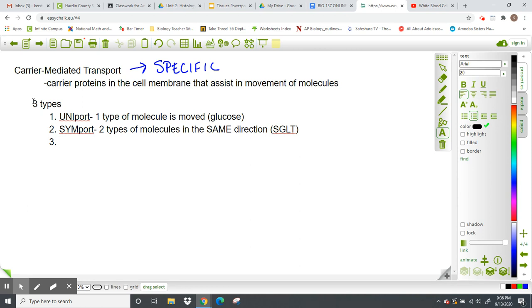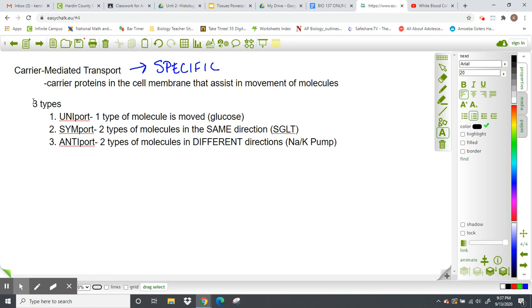And then you also have what we call an antiport. What this is going to do is move two types of molecules in different directions. So, the sodium potassium pump is one of the most energetically expensive pumps in your body.